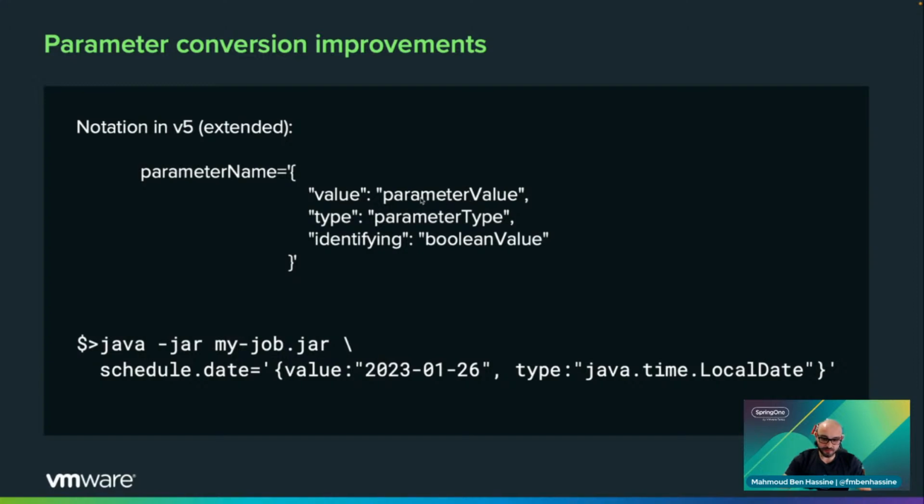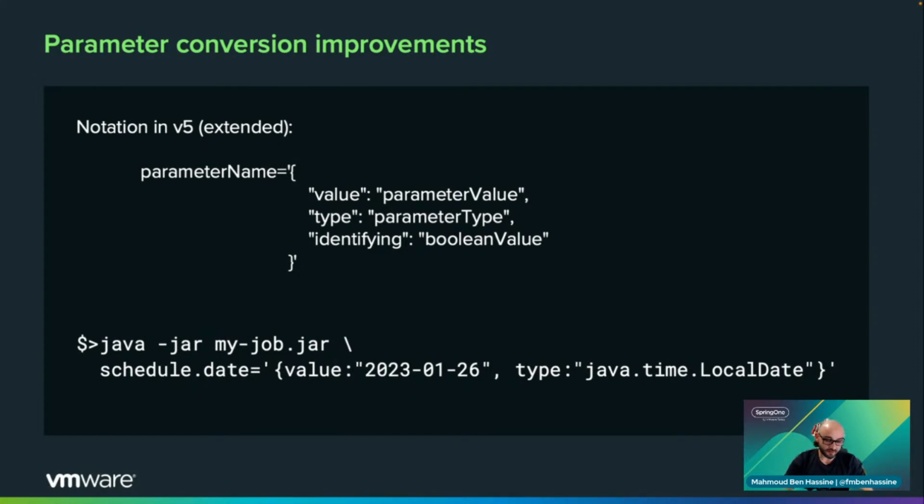So we have the value, the type, and the identification flag. Here is the same example with this notation. Schedule.date equals, I have a JSON object here. Now if there is a comma in the value, we know how to parse this in JSON, and there is no issue if the value contains the separator, which is comma. So we have these two notations.